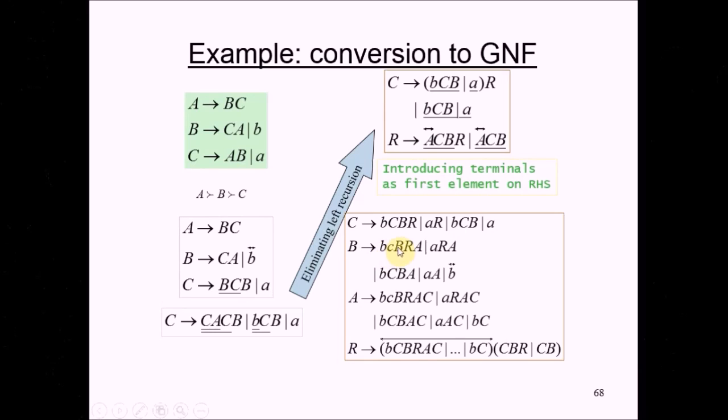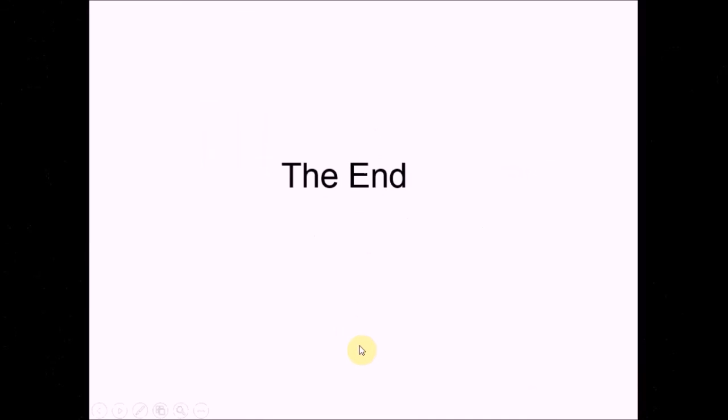B tends to BCBRA, ARA, BCBA, AAB, and A tends to BCBRAC, ARAC, and BCBAC, AC, and BC. So at last we are getting R as BCBRAC and up to BC and CBR and CB. So finally, thanks.